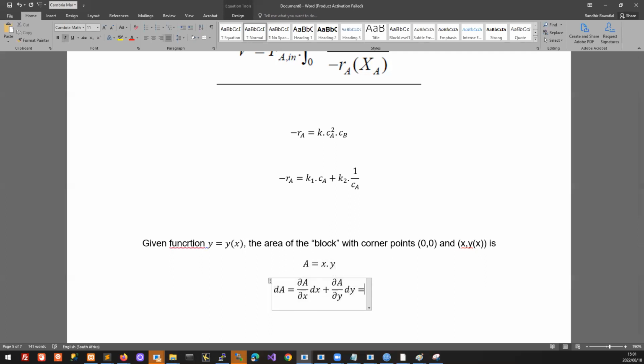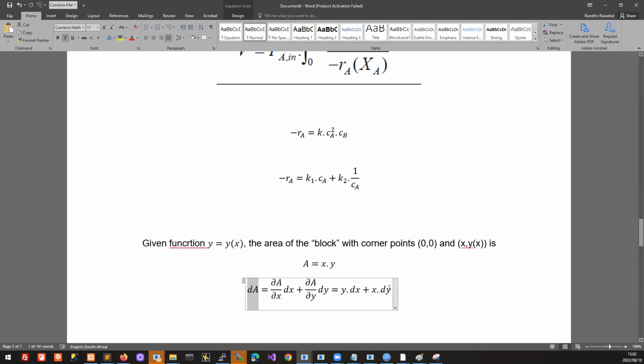So this is equal to y times dx plus, and then partial A partial y, you can see here, is x, and that's times dy. And we are looking for the place where dA is equal to 0.